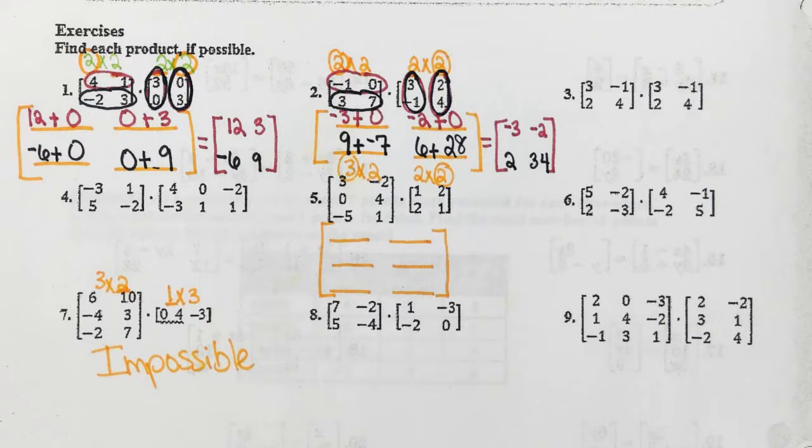Okay, so you should have gotten 7 and negative 7 for the top row, and 14 and 14 for the bottom row.